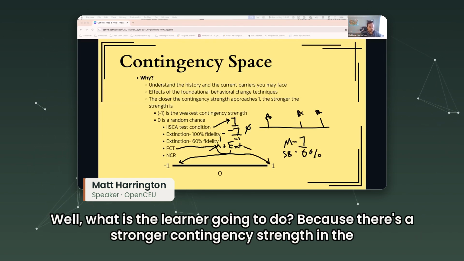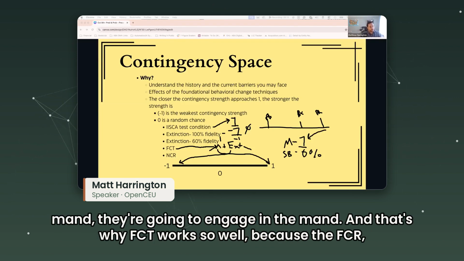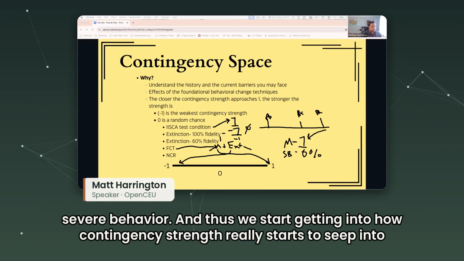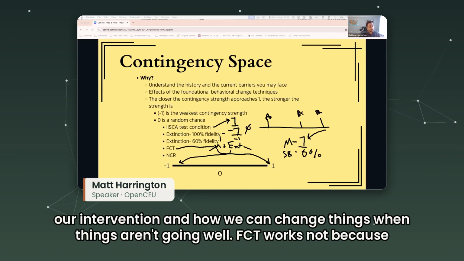Because there's a stronger contingency strength in the mand, they're going to engage in the mand. And that's why FCT works so well, because the FCR, the functional communication response, or the mand, has such a higher contingency strength than the severe behavior. And thus we start getting into how contingency strength really starts to seep into our intervention and how we can change things when things aren't going well.